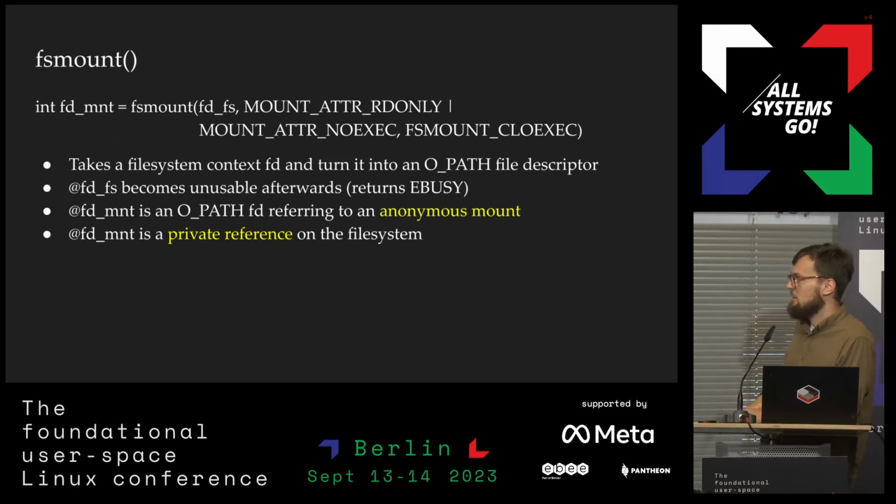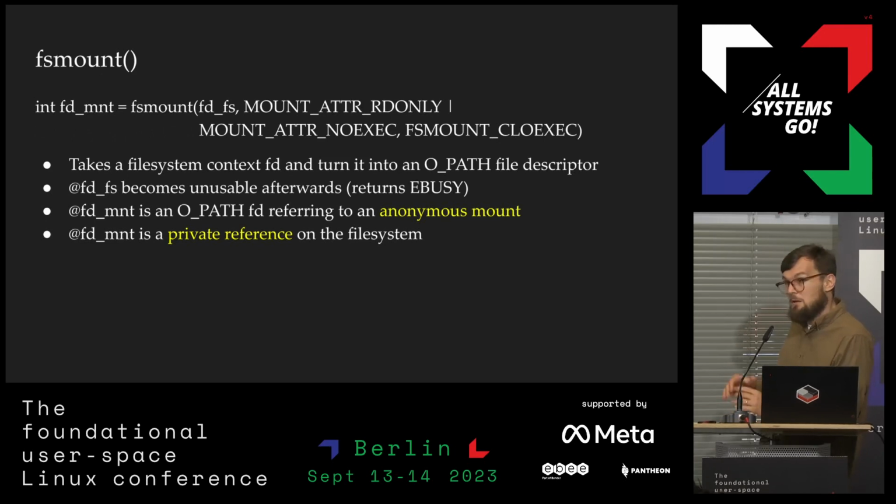What I mean by anonymous mount: usually each mount that you create, especially with the old mount API, belongs to a mount namespace. And once it has been attached to a mount namespace, it will never change its association with that mount namespace. So you can't move a mount between different mount namespaces. It stays fixed for the lifetime of the mount.